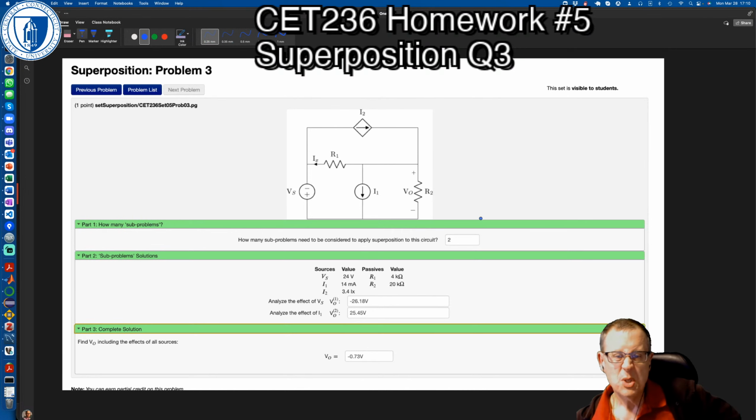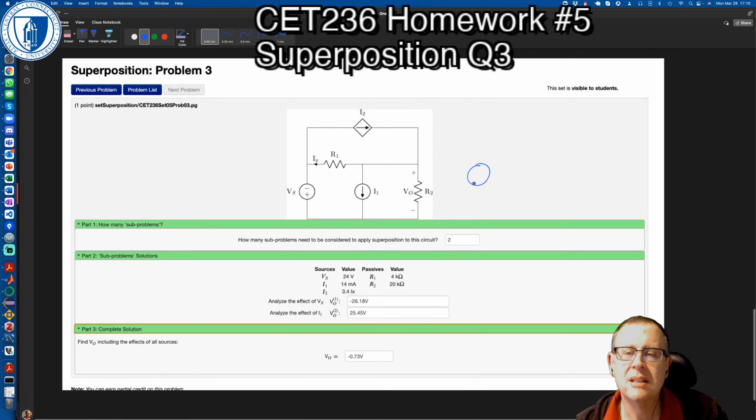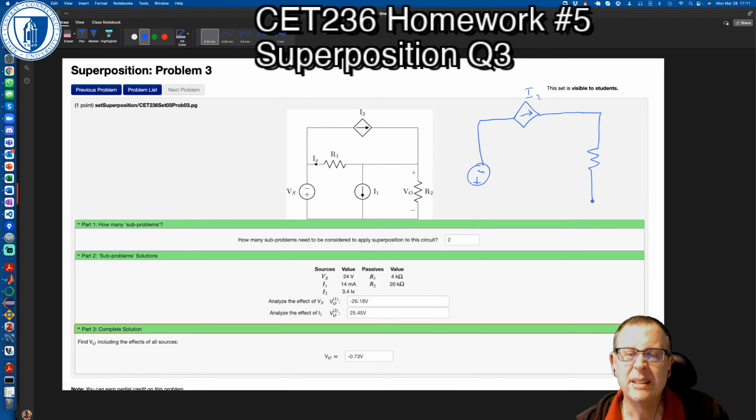So the first one is, what's the effect of Vs? Vs has a plus at the bottom and a minus at the top. And then there's our I2. And if we're getting rid of I1, then that means it's just an open circuit.